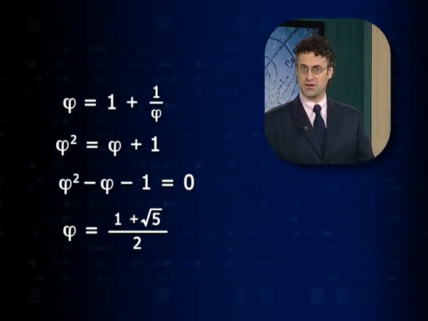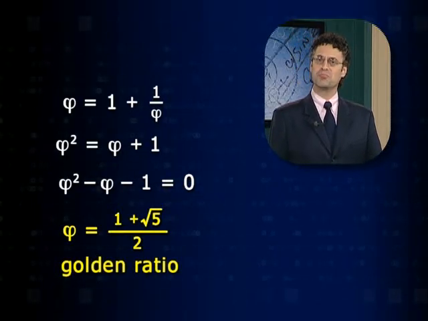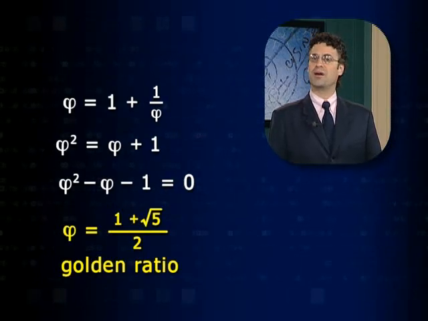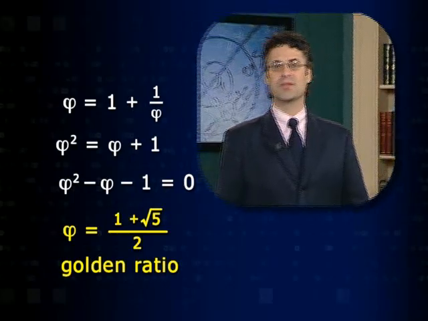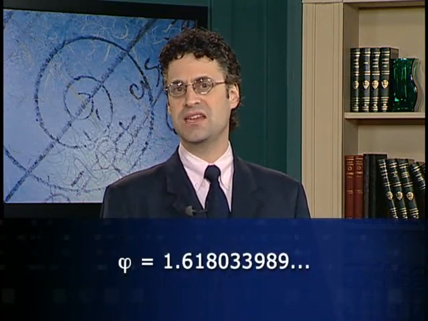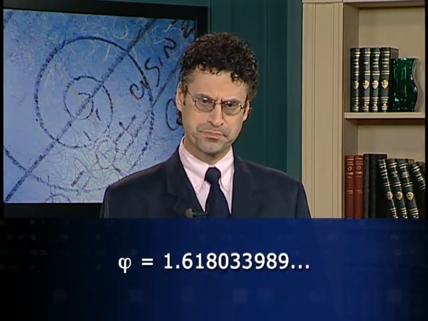And we just discovered that phi, the golden ratio, equals 1 plus the square root of 5, all divided by 2. Now, the decimal expansion for phi, if you plug this into a calculator, 1 plus square root of 5 all divided by 2, we'd see that phi equals 1.618033989, and it goes on and so forth.